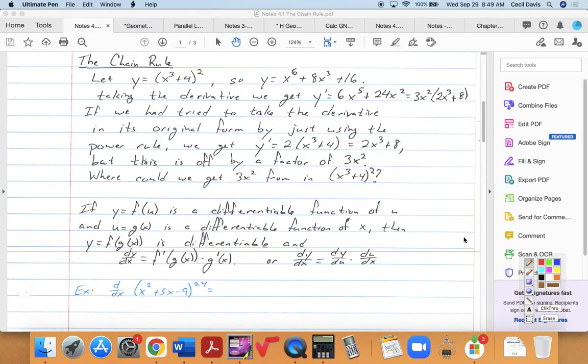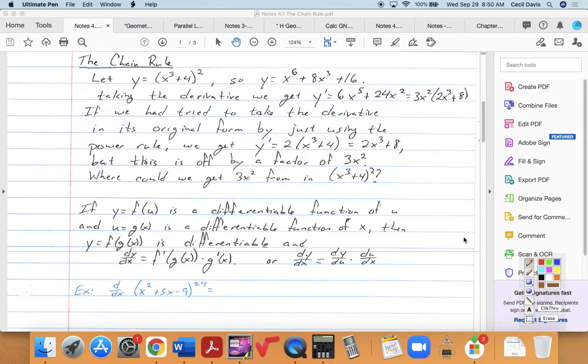That is, multiply the x cubed plus 4 times the x cubed plus 4. That would give us x to the 6 plus 8x cubed plus 16. And then we could take the derivative of that, which would be 6x to the 5th plus 24x squared, which you could factor as 3x squared times 2x cubed plus 8. Everybody good with that?